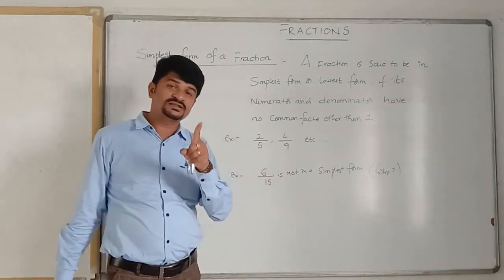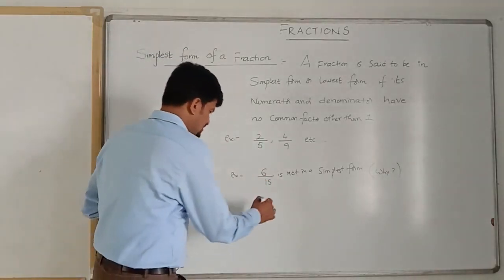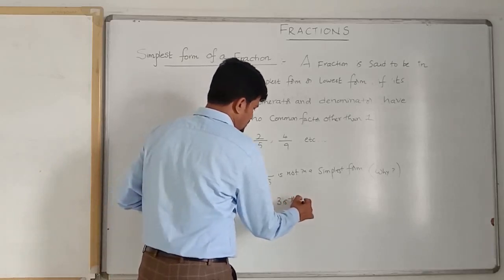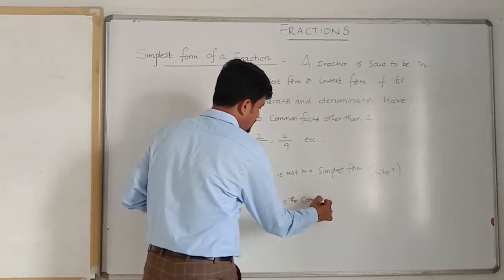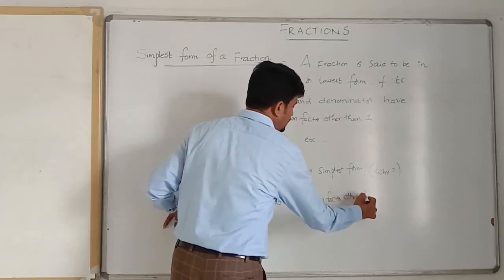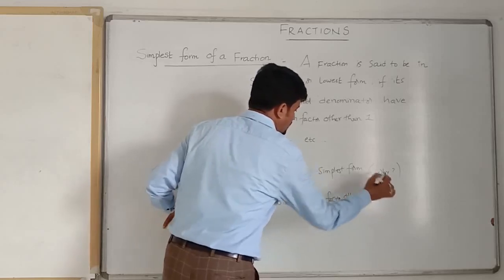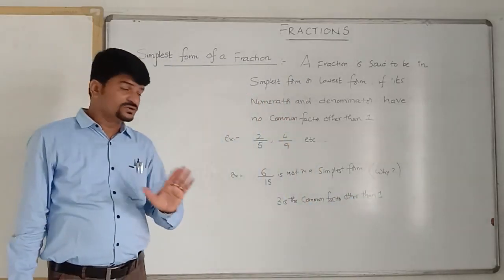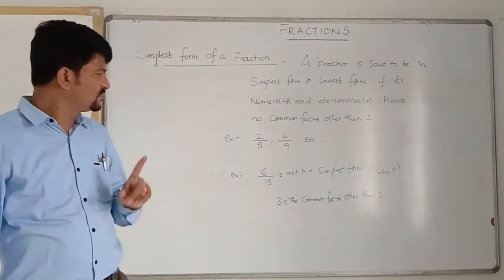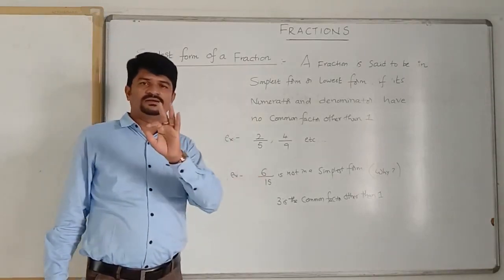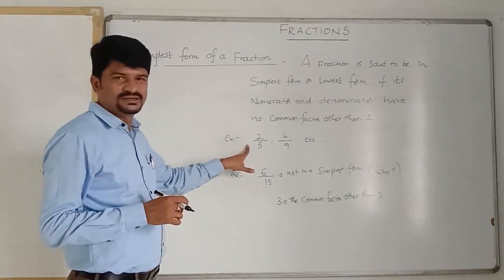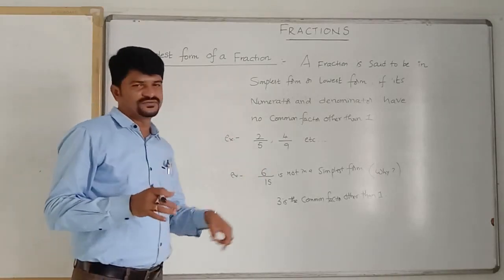There is a common factor other than 1. 3 is the common factor, since 3 is a common factor other than 1. So it should not be. Only if a fraction is said to be in simplest form, there must be only one number, that is 1, as a common factor for both the numerator and denominator. Got it, children? Now write all this.